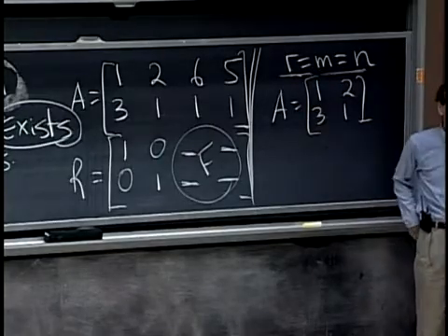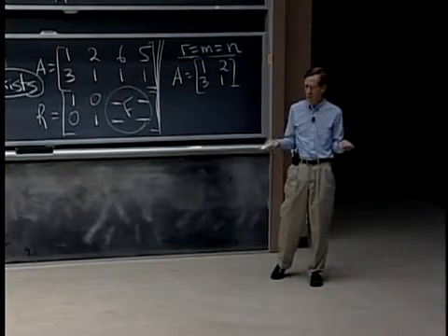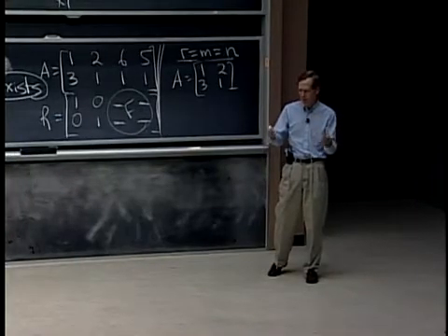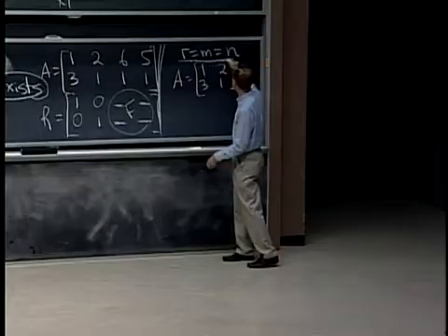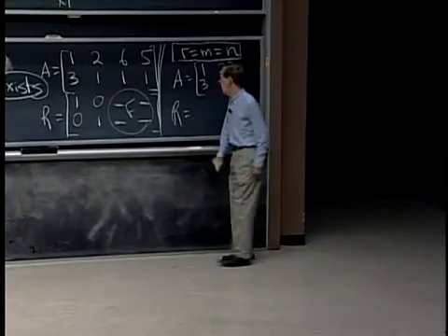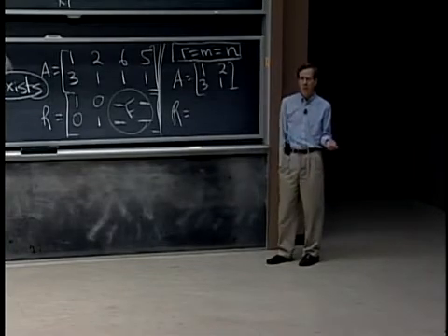And what kind of a matrix have I got? It's invertible. So that's exactly the invertible matrices. R equal M equal N means, and what's the row echelon form? The reduced row echelon form for an invertible matrix.